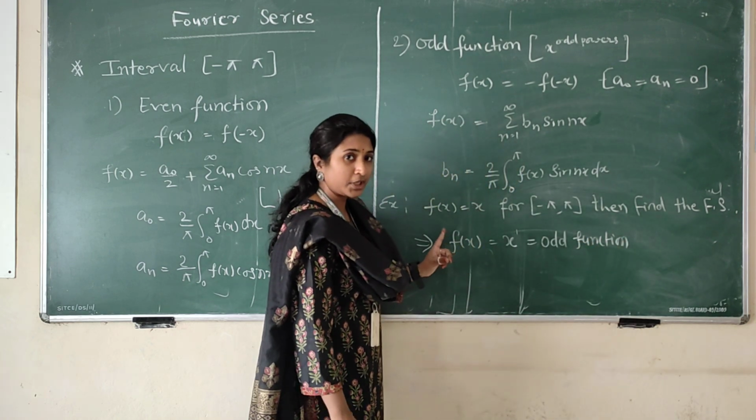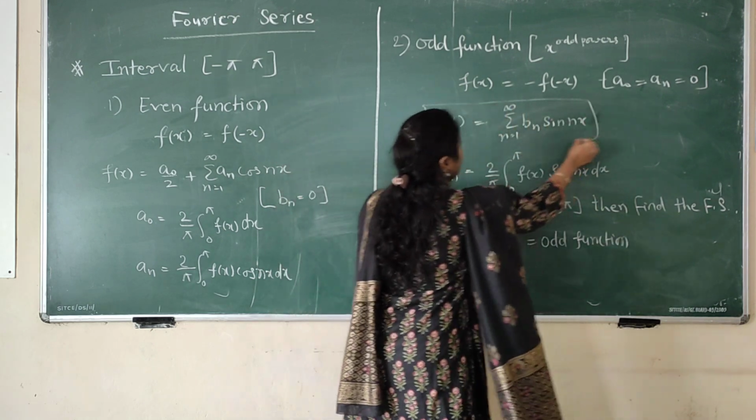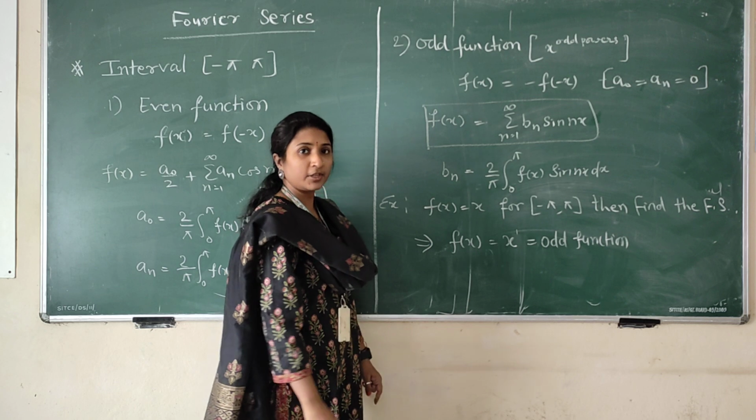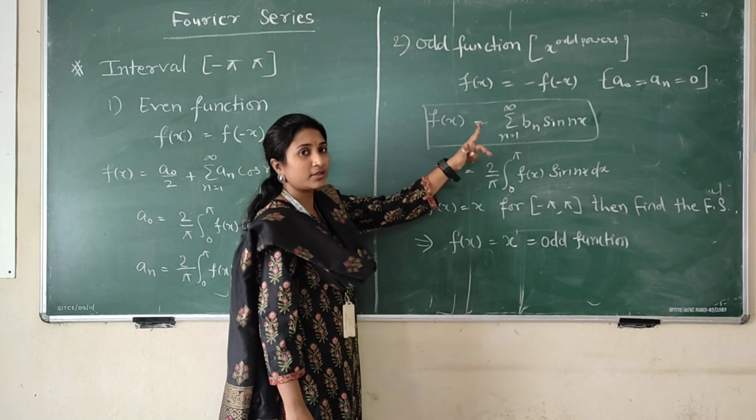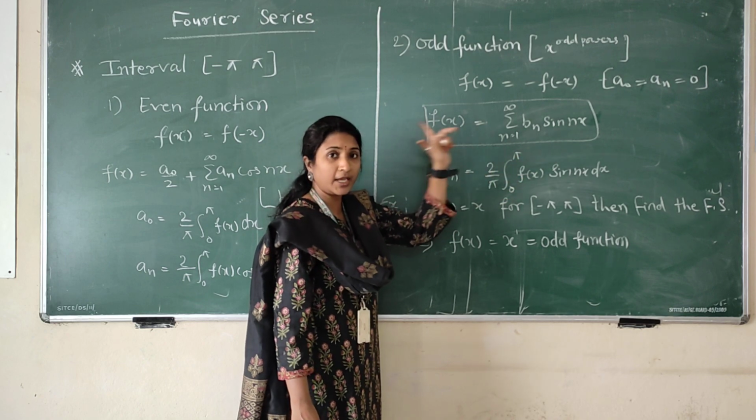Now for an odd function, the Fourier series would be f of x is equal to summation n is equal to 1 to infinity bn sin nx, and bn is 2 upon pi, integral 0 to pi f x sin nx.